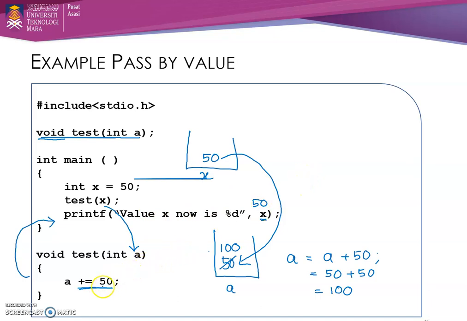Why does it not become 100? Because this is a non-return value function. It means that the value of a cannot be returned back to the main function, because the receiving function doesn't have any access to modify or change the content of variable x.